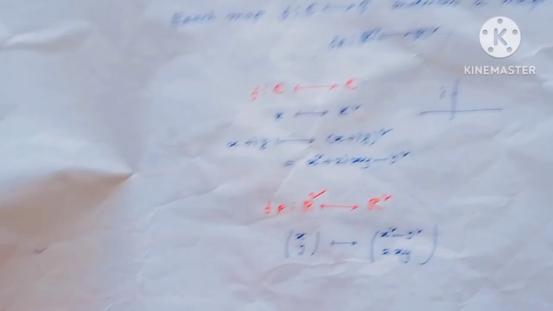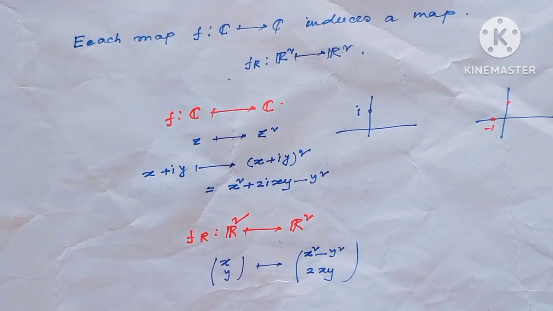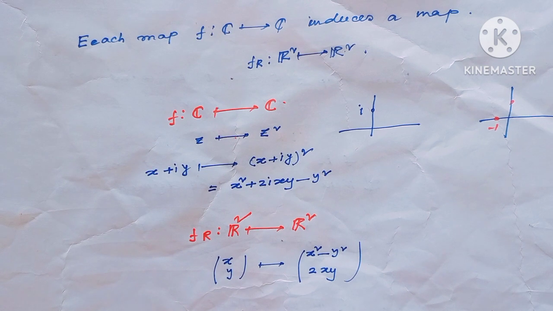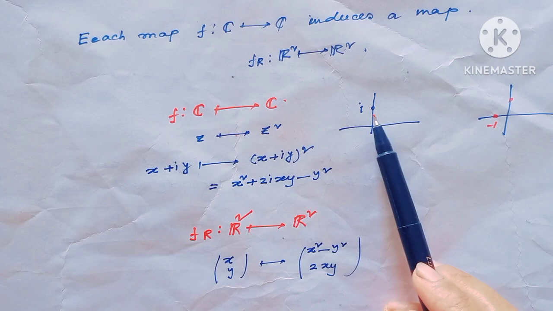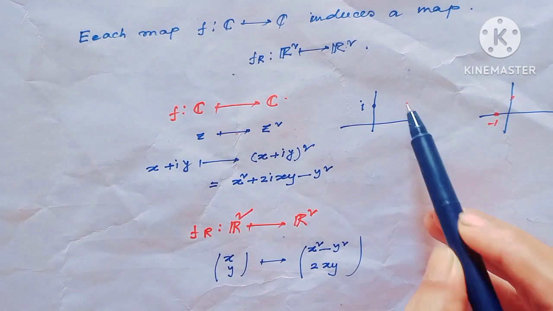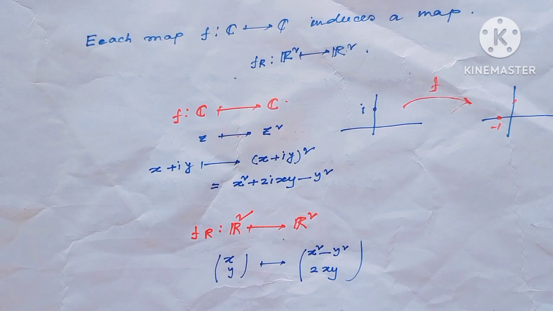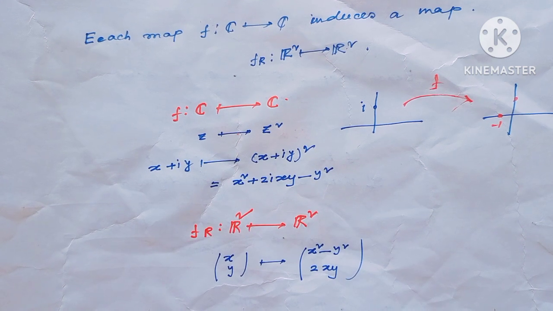As an example, consider a mapping f from C to C of this type: z goes to z squared. That means if we consider the point i, after the mapping f it would be -1. z goes to z squared means x plus iy goes to (x plus iy) squared.